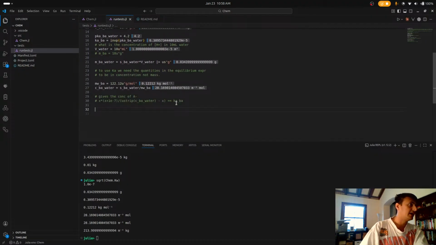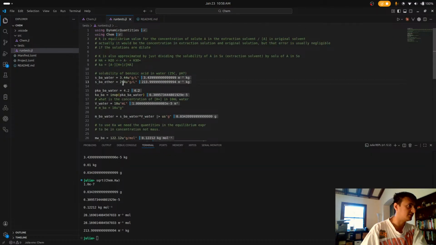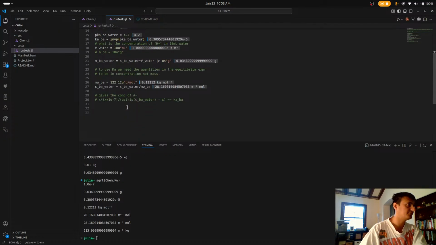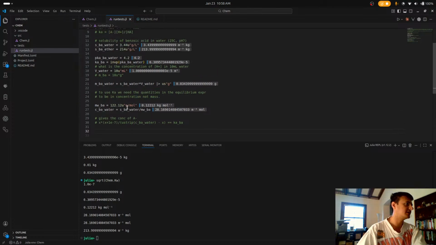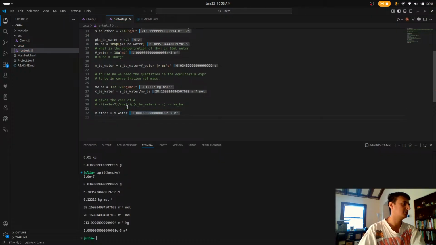I want to find the maximum amount of, I would just divide this by 100. So let's just say V ether is equal to V water. And then we could do S_BA ether times V ether.